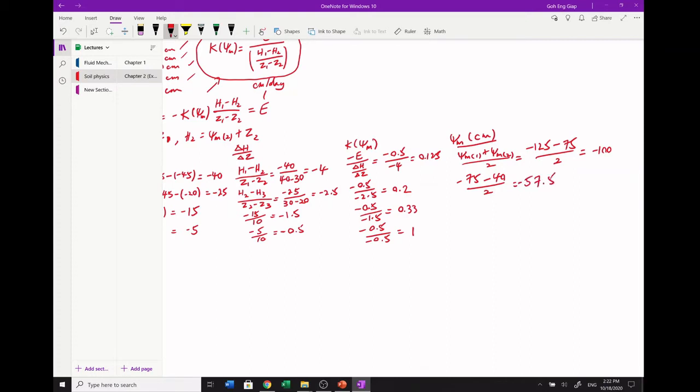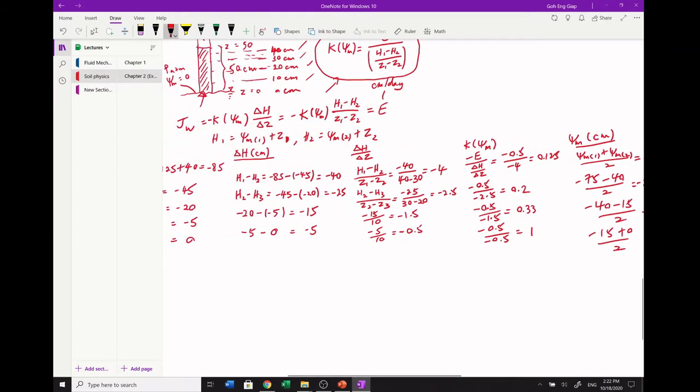The next one is negative 40 minus negative 15 divided by 2. This one should give you around negative 27.5. And the last one is negative 15 plus 0 divided by 2. So you get here negative 7.5.